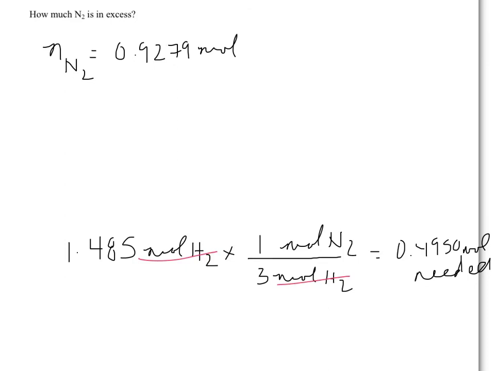So I take this number that I just got, 0.4950 moles, and I subtract that from what I had. So to review, this is what I have, and this is what I needed.